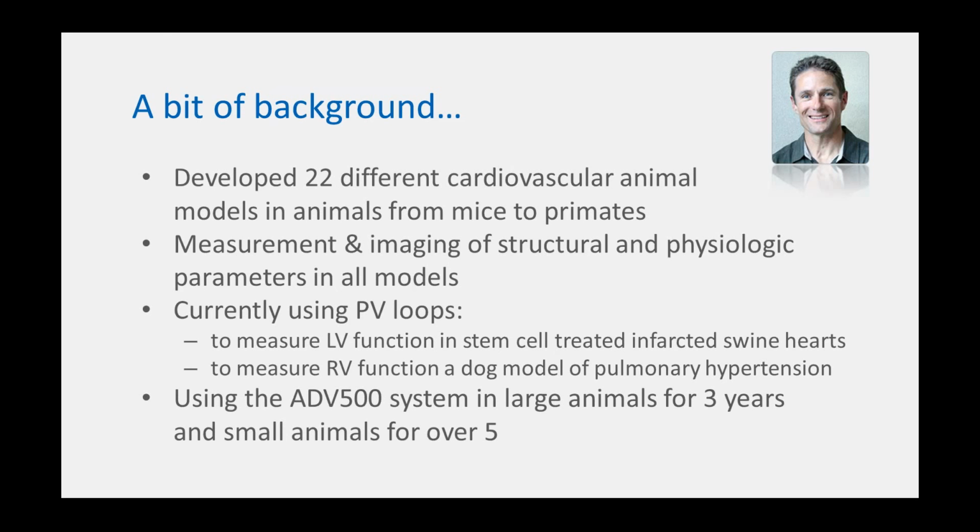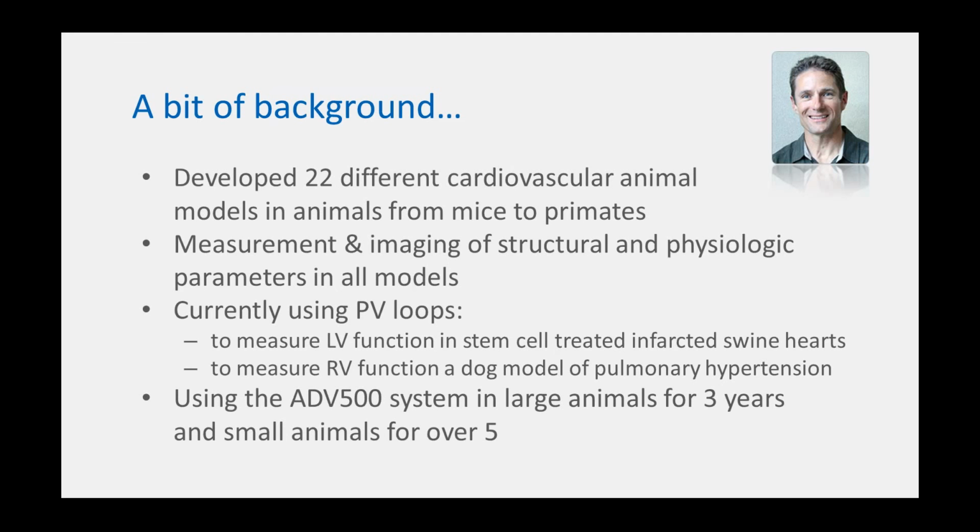Currently, we're going to talk a little bit about how we do pressure volume loops in large animals. Some of our current research has been focused on left ventricular function in stem cell treated infarcted swine hearts, and we're also developing a model right now looking at right ventricular failure in a dog model of pulmonary hypertension, using embolism of the lungs to create this right heart overload.